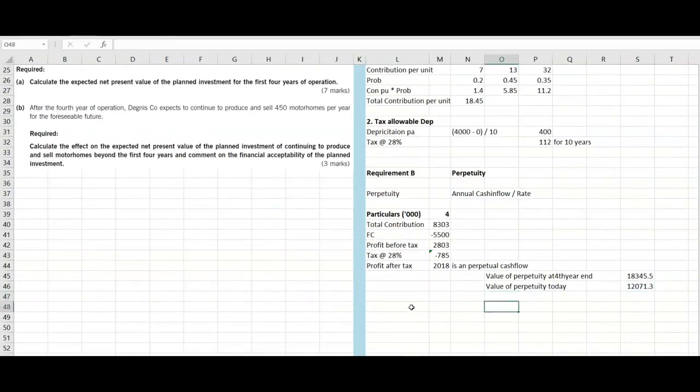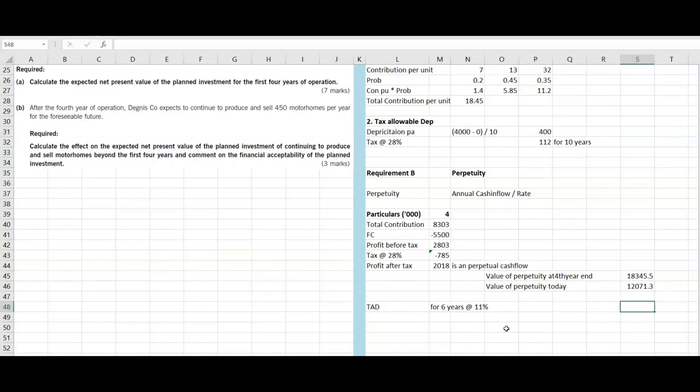But this alone is not the perpetuity, because we have a tax allowable depreciation that is going to occur for 6 years at 11%. So that we have to calculate.